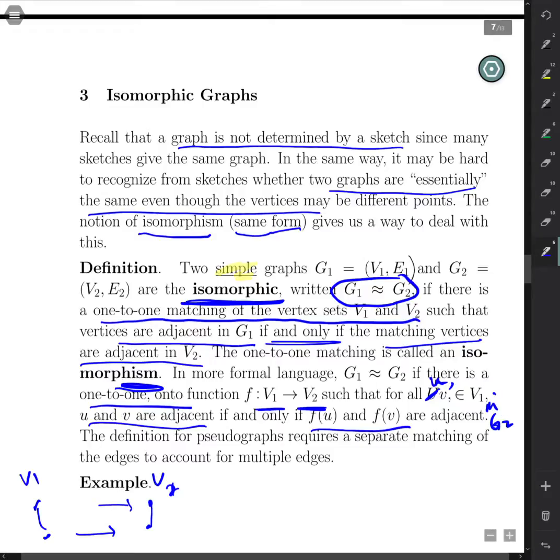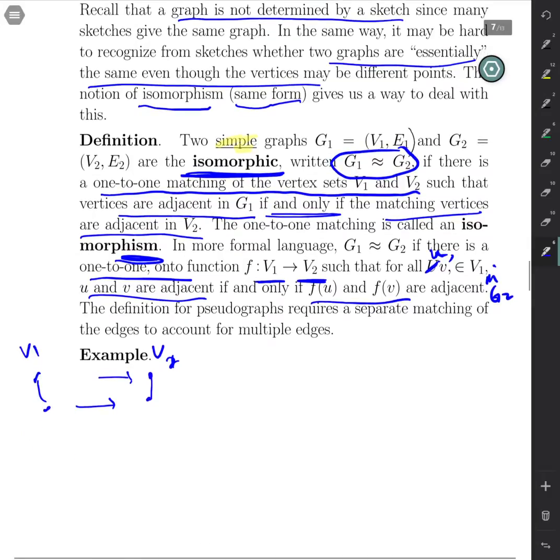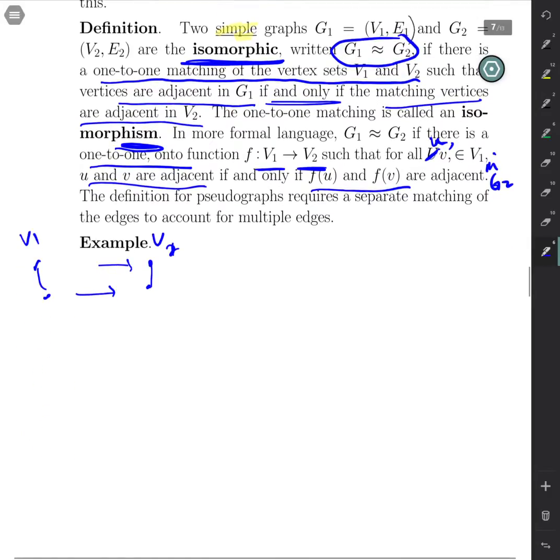You have to adjust it slightly for pseudographs where there are multiple edges, but I'm not going to write down that formally. So let me do an example or two to illustrate what goes on.